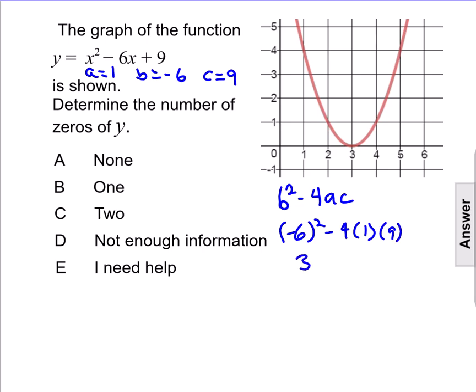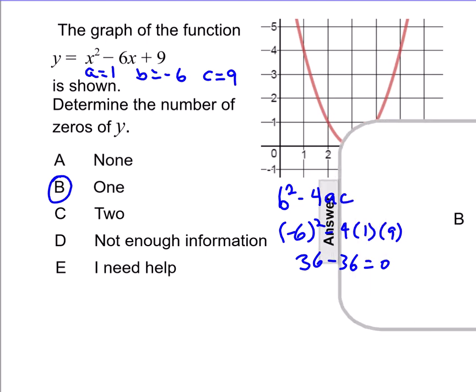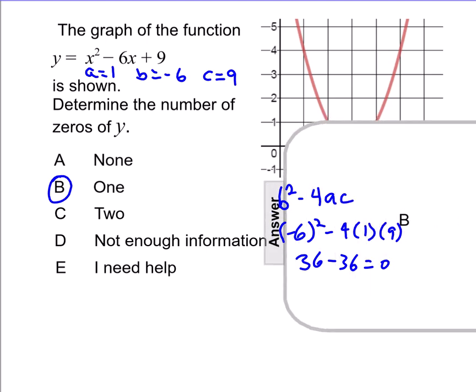This comes out to be 36 minus 36, which is 0, and when the discriminant is equal to 0, that tells us there's one solution. So whether we look at it graphically or algebraically, both ways will tell us that the correct answer is B. There's only one solution.